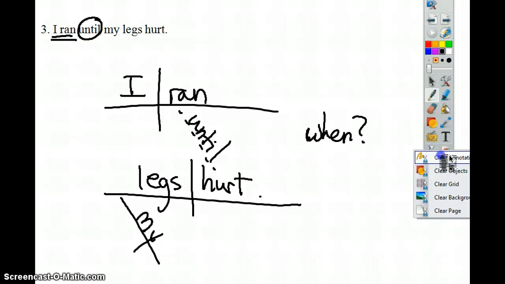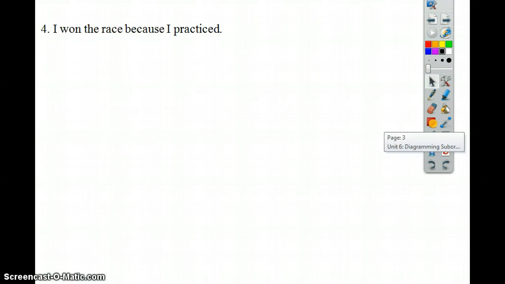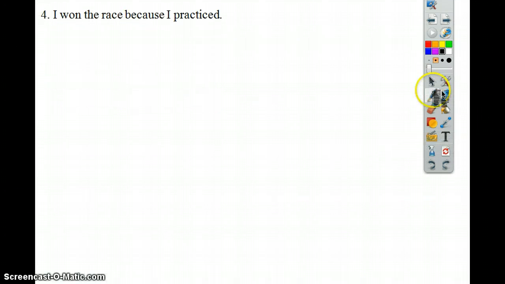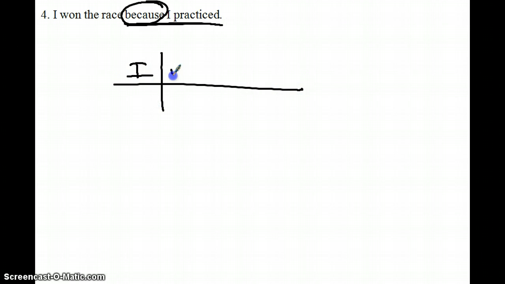One more. I won the race because I practiced. What's your awubis word? Because. It comes in the second clause, so this one's subordinate. We'll diagram the first one. What did I do? I won. What did you win, since that's an action? Well, there's something being won, the race, so that's a direct object.